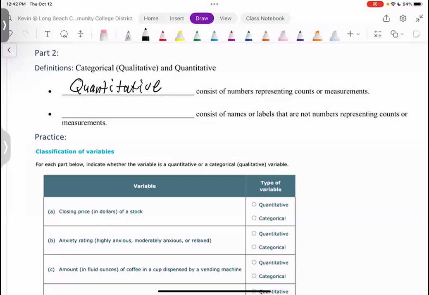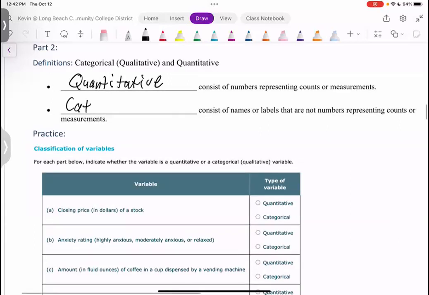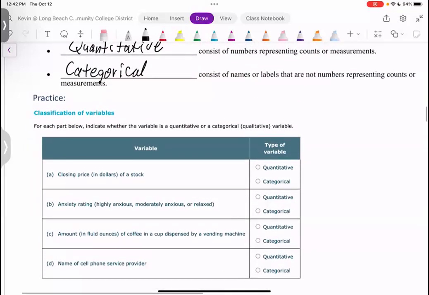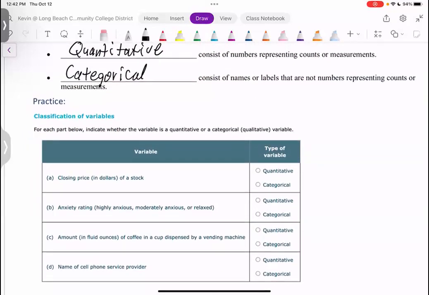This is versus categorical. Categorical data consists of names or labels that are not always representing counts or measurements. And we have some examples here. So we'll go ahead and practice this. Here we go, and keep the definitions there.